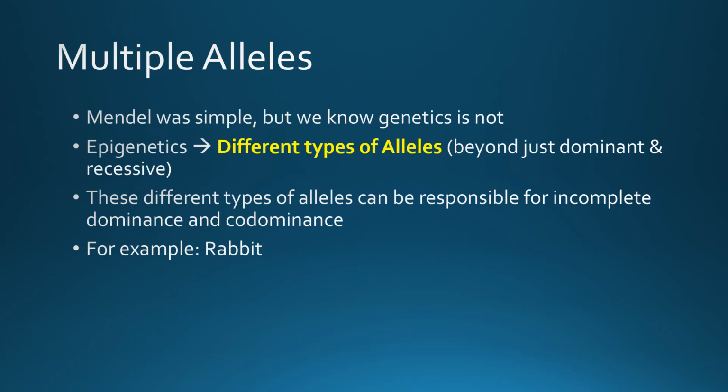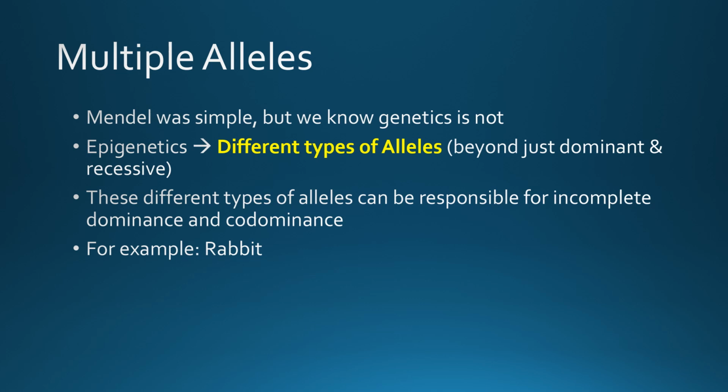So some of you may be wondering why codominance and incomplete dominance happen in the first place. Well, what we found out in the last 100 years of studying genetics is that Mendel's idea of genetics was really simple, still very significant, but definitely very simple. And now, after studying them for so long, we know that genetics is not simple at all.